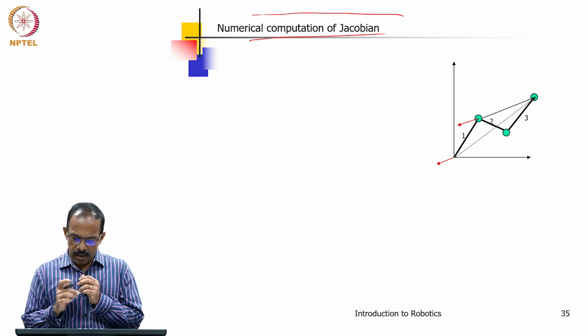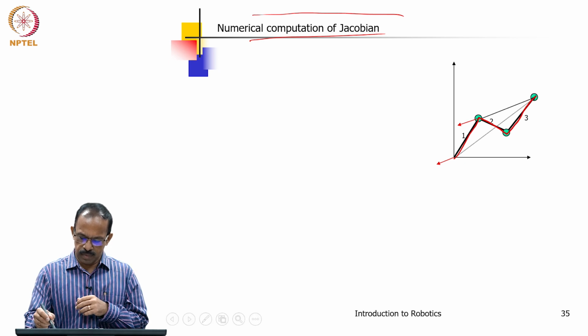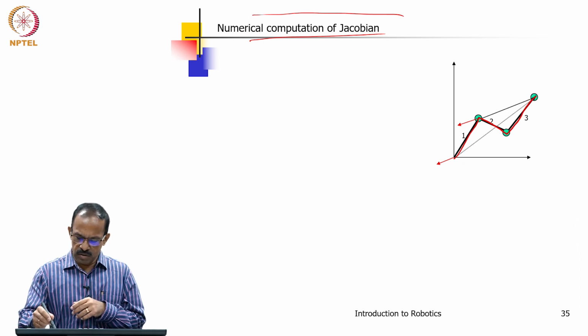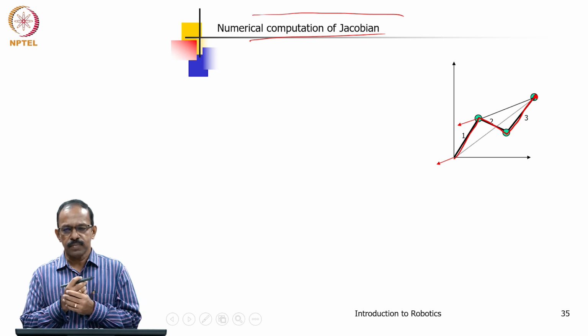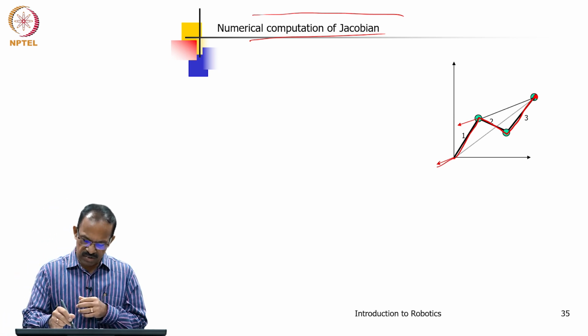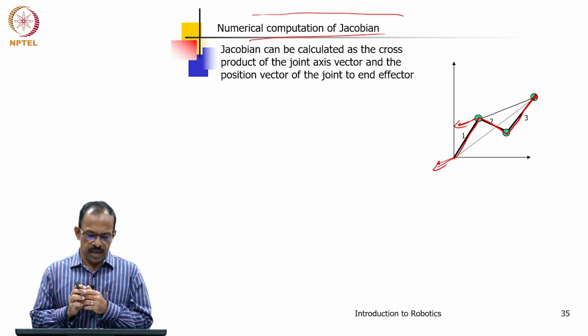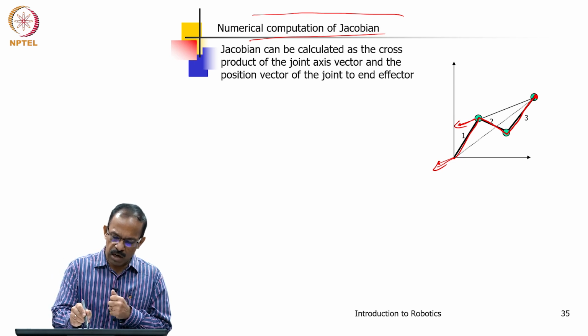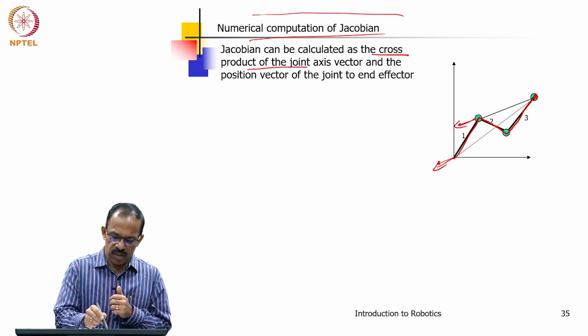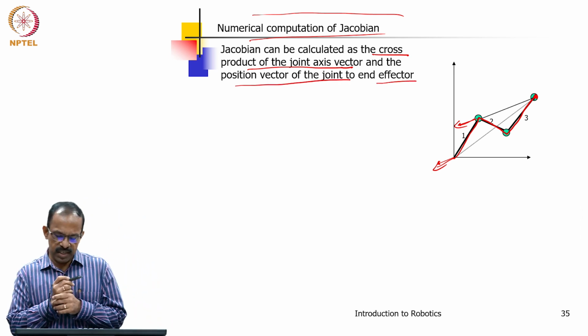Now, look at the manipulator shown here. This is the manipulator, and these are the joint axes that you can see. The Jacobian can be calculated as the cross product of the joint axis vector and the position vector from the joint to the nth point.